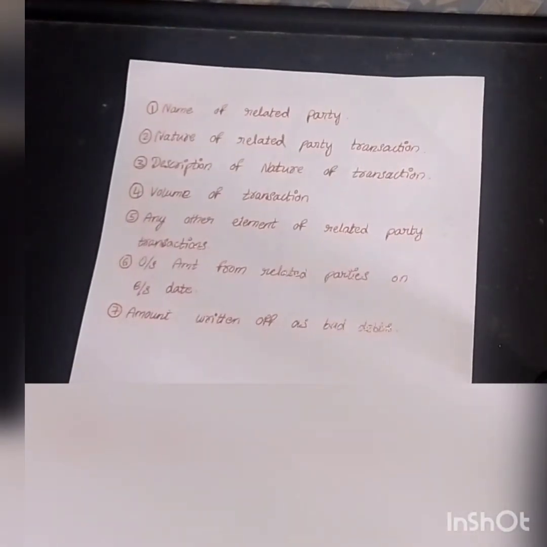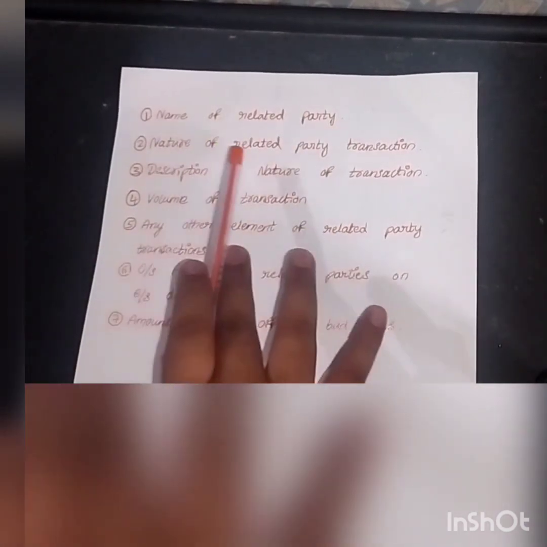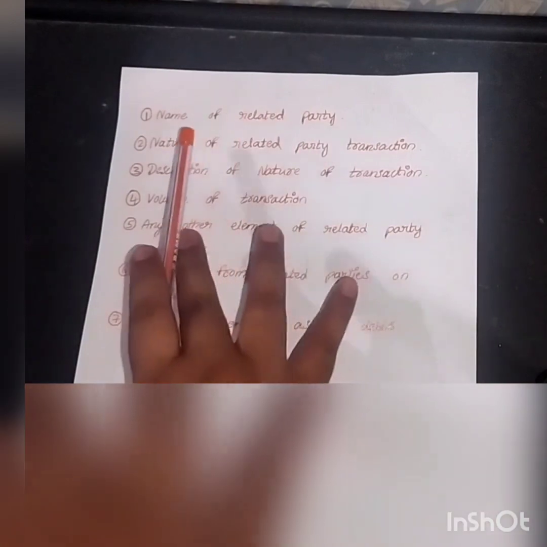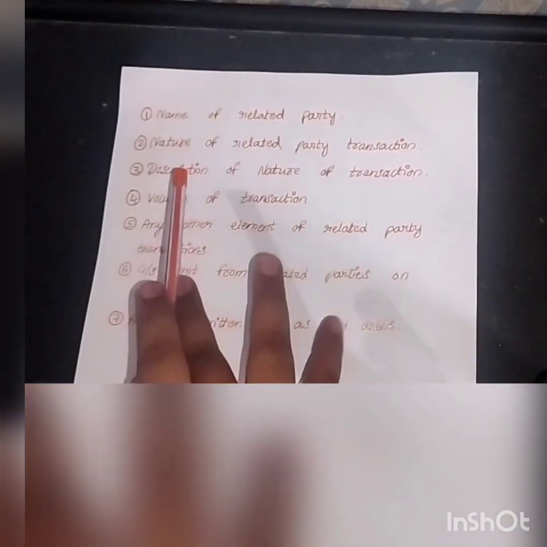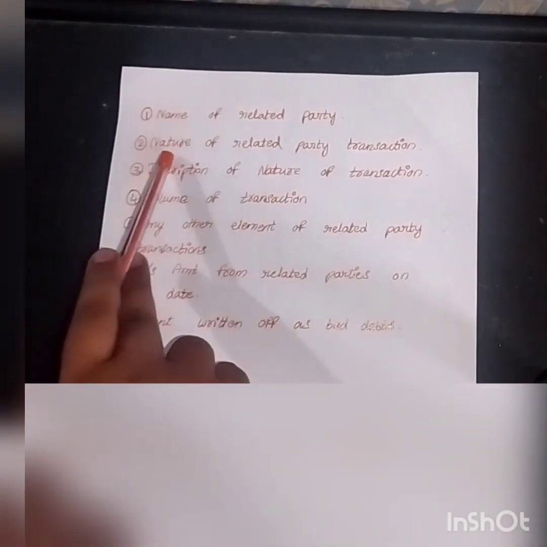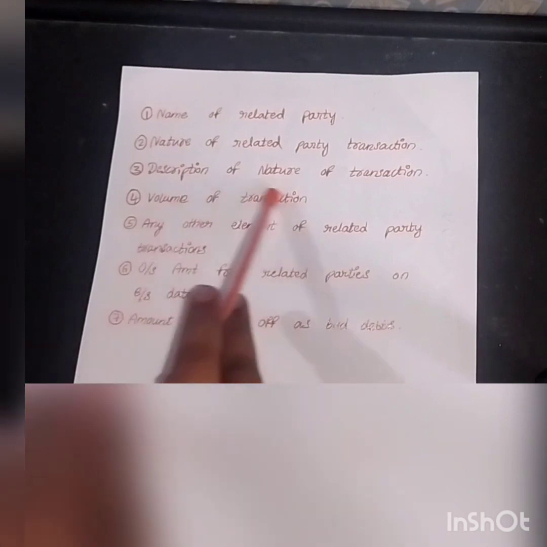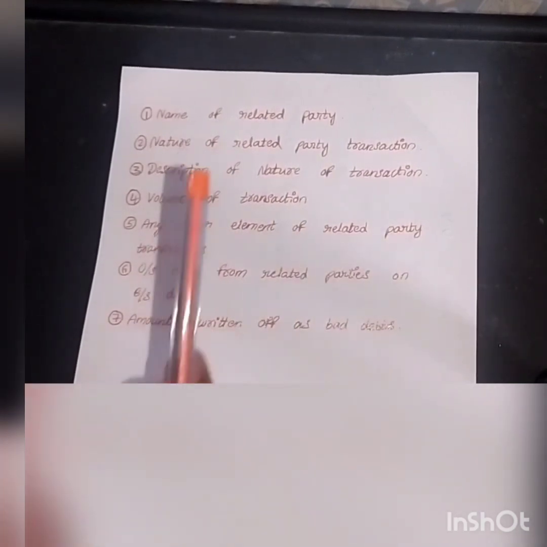See, these are the 7 points that are required to be disclosed. Name of the related party, nature of the relationship, and description of the nature of the transaction. Volume of transactions should also be recorded, and any other element of related party transactions.